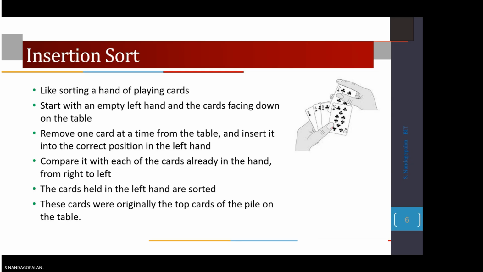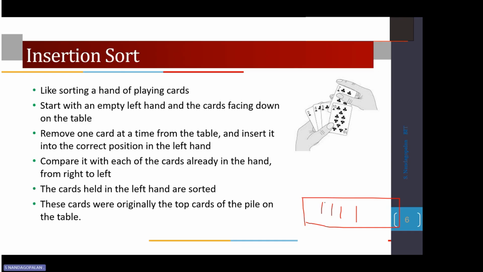Now, that's where the insertion sort concept comes into the picture. In this particular game, for each player, you would have seen that the cards are initially shuffled and then distributed. And the cards will be lying on the floor, right? So there's one card, second, third, fourth, and so on.